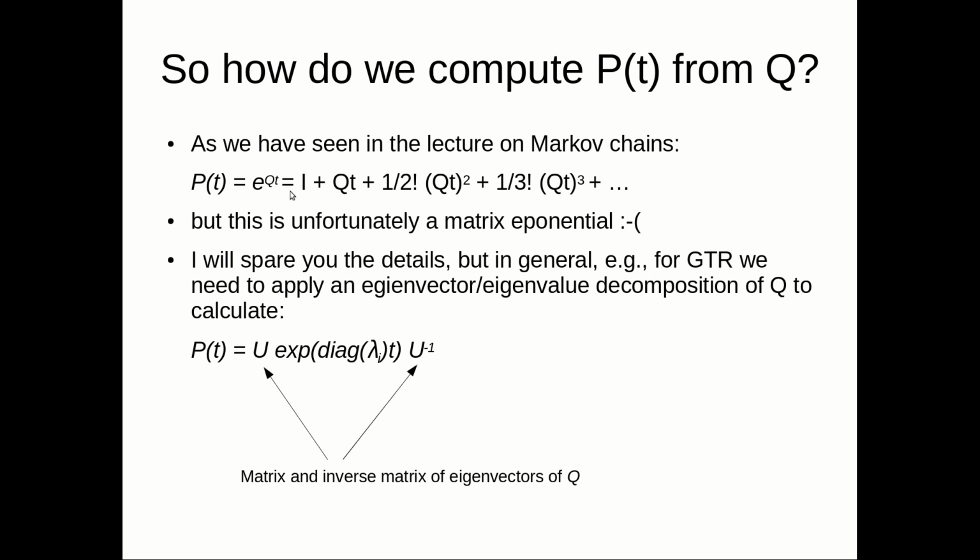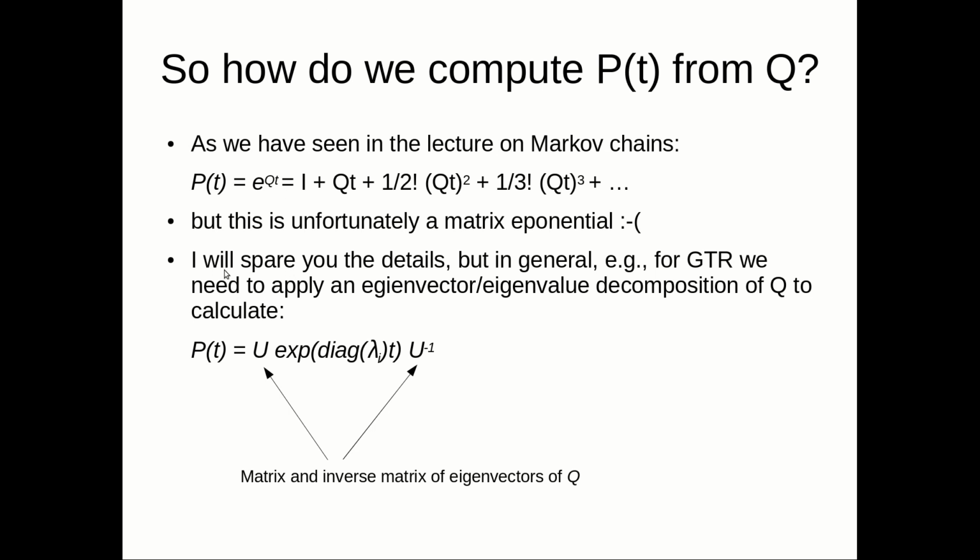And of course this can be approximated by applying the series expansion of the exponential, right? So this would be one way of doing that. But we are also interested in other ways of doing that, so we want to compute this transition probability matrix exactly, although this could be a solution that works in many cases.